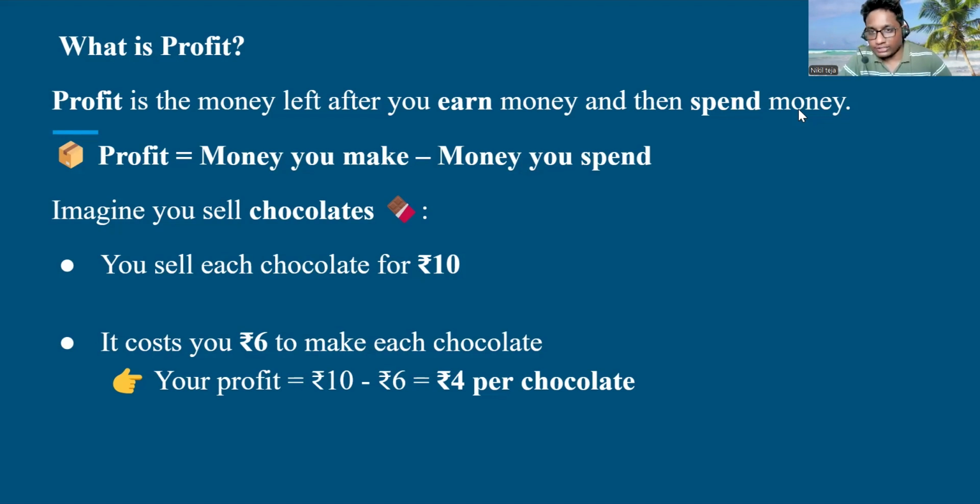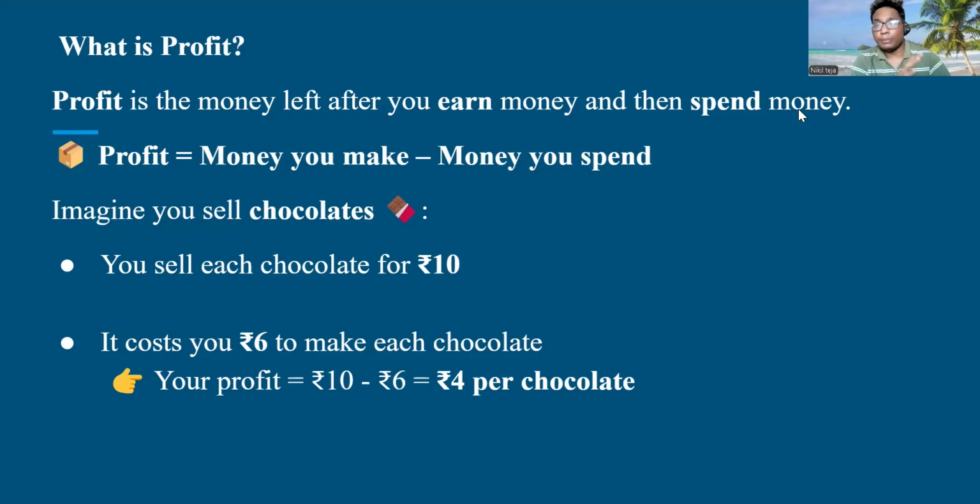Imagine you sell chocolates. A basic example, guys, so that it is understandable to everyone. You sell each chocolate for 10 rupees. It costs you 6 rupees to make each chocolate, because there will be different ingredients that you have to add to your chocolate.